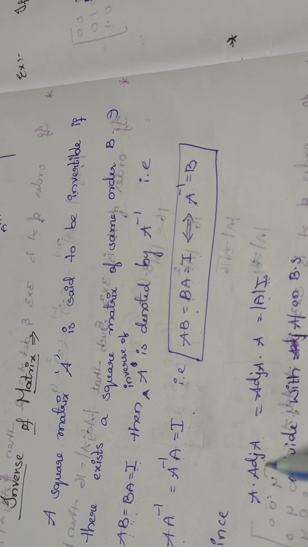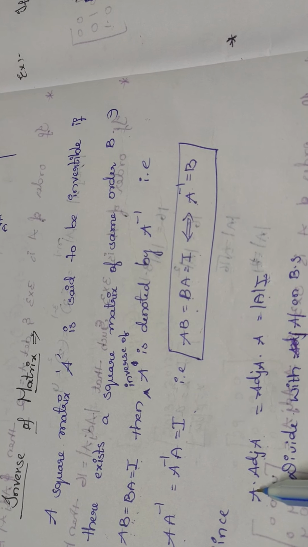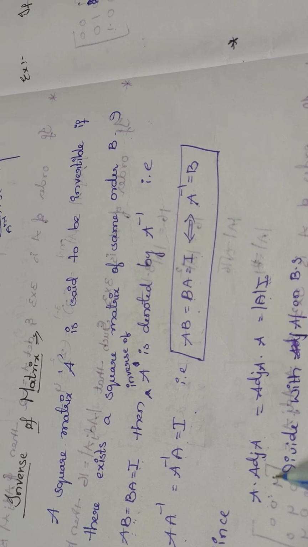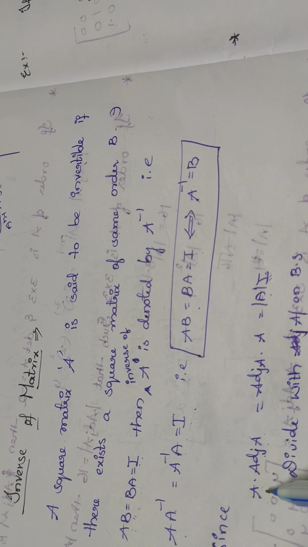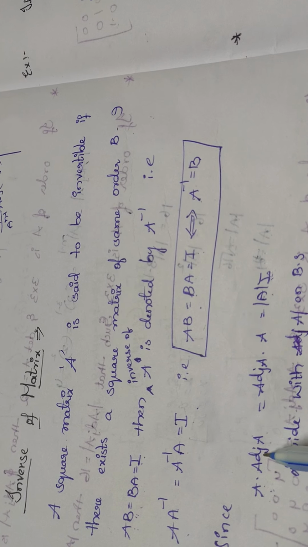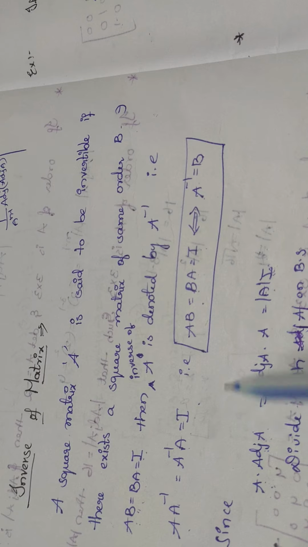Same here, the inverse matrix is nothing but the resulting matrix. If you transpose det A to this side and keep it as denominator of A, then A by det A into the adjoint of A is equal to I means adjoint of A whole inverse is equal to A by det A. So that is the proof of this one.